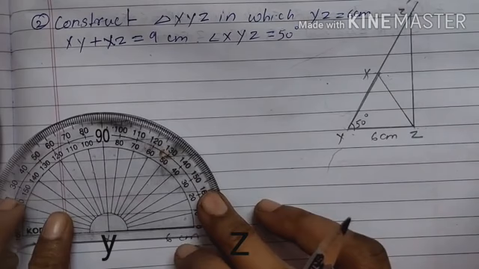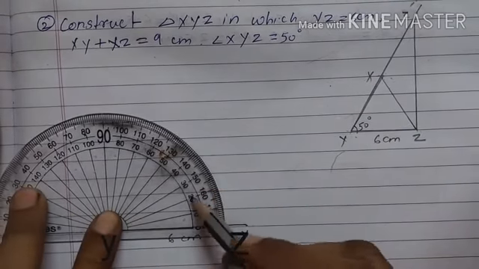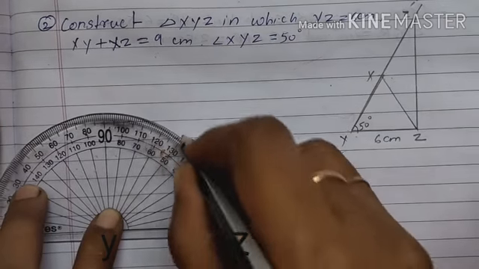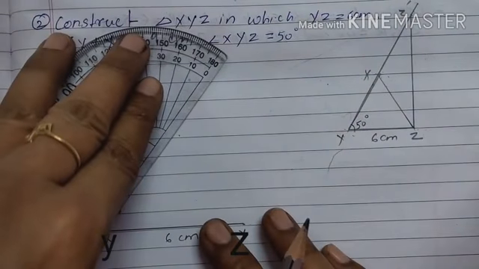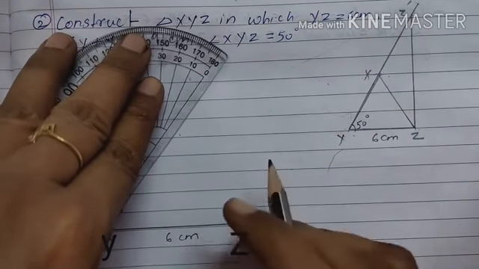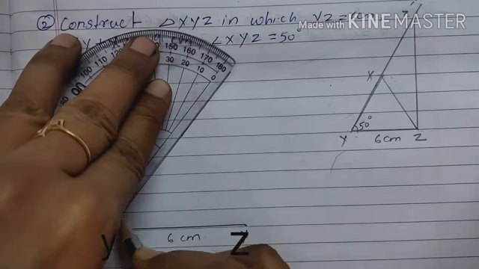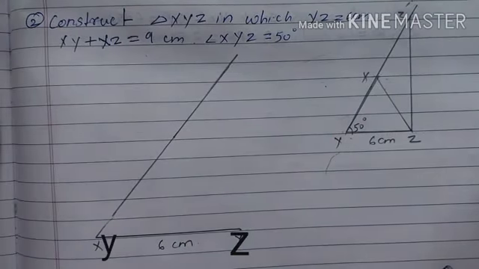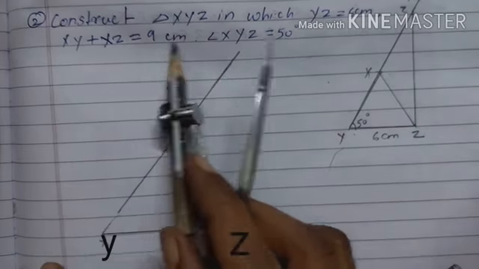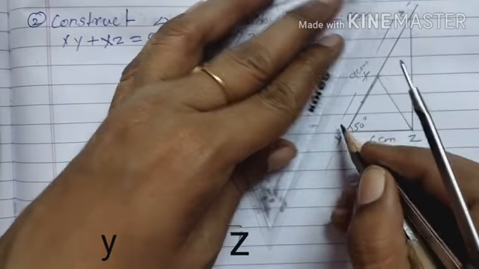Then place the compass on point Y and mark an angle of 50 degree. Now draw the ray of this angle 50 degree. Now measure the length 9 centimeter, that means XY plus XZ 9 centimeter, on the compass and cut this angle ray at 9 centimeter.